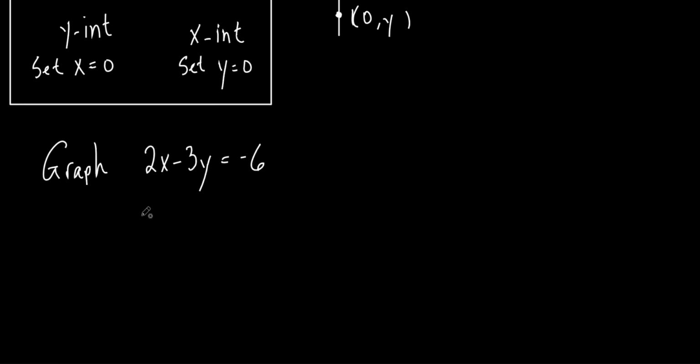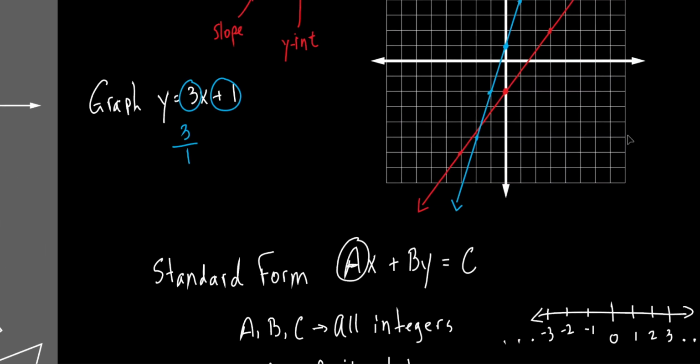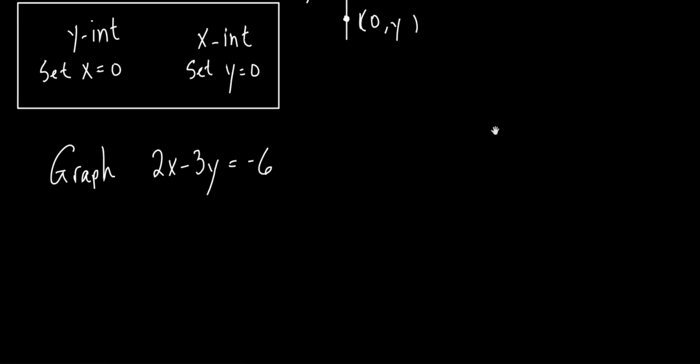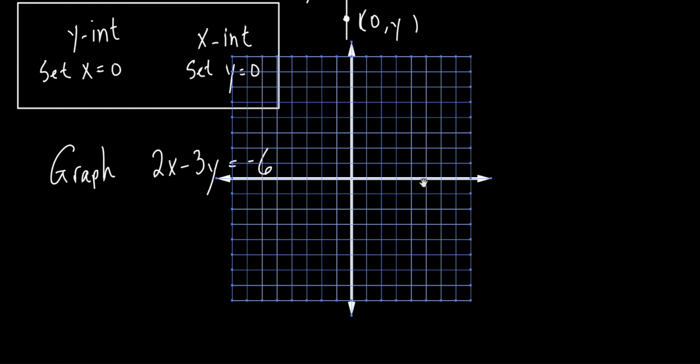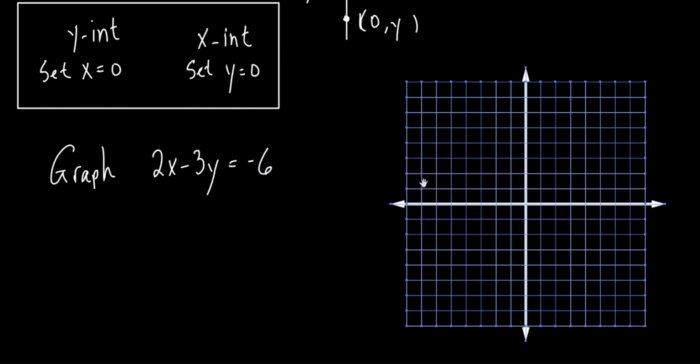What we're going to do is graph this using x-intercepts and y-intercepts. So before I get started, let me grab this, copy this. I'll put that right there, push it over a little bit. All right, there we go.